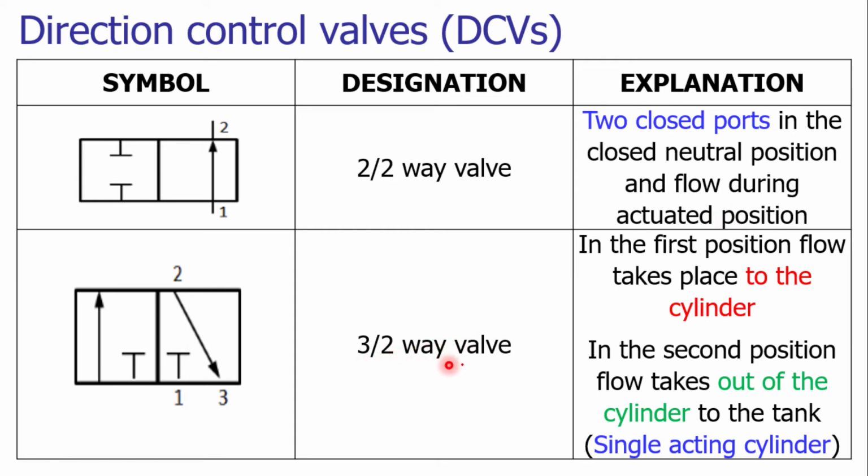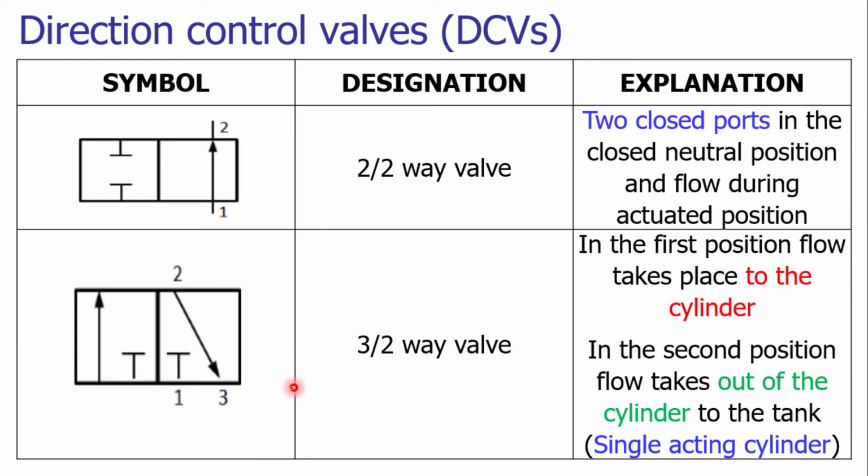Similarly, we can have the representation of 3 by 2 way valve. Here the 3 means the number of ports is 3, so port 1, 2, 3, and there are two positions, position number 1 and position number 2. In the first position, the flow is taking place to the cylinder.